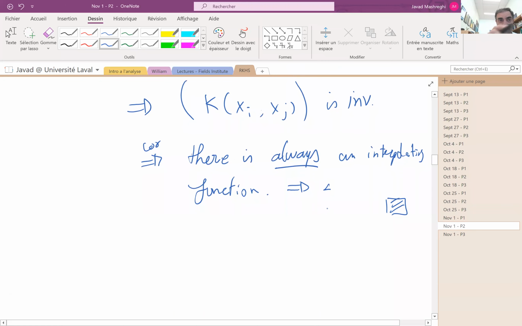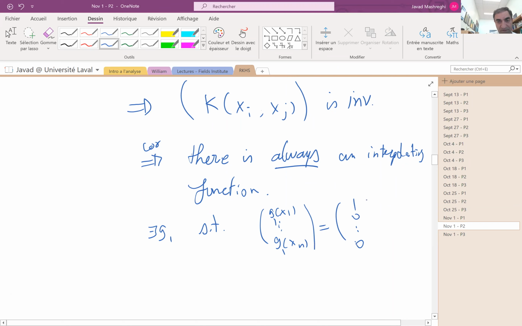There's always more detail. Always an interpolating function means that it doesn't matter what your lambda 1 up to lambda n are. So this means that there is g1 such that its values at x1 up to xn are 1, 0, 0.